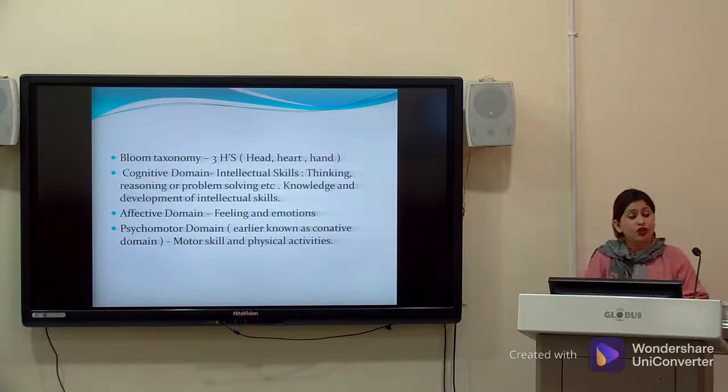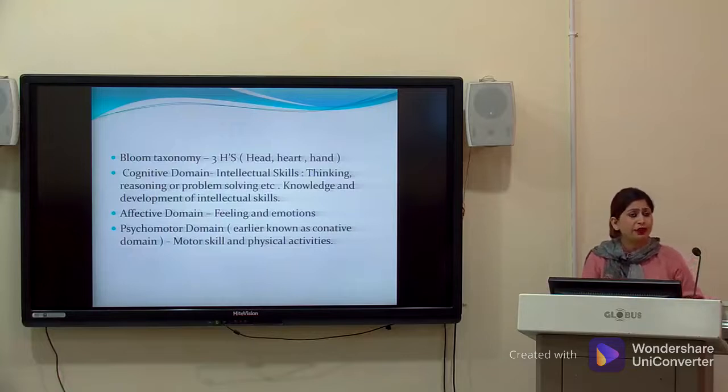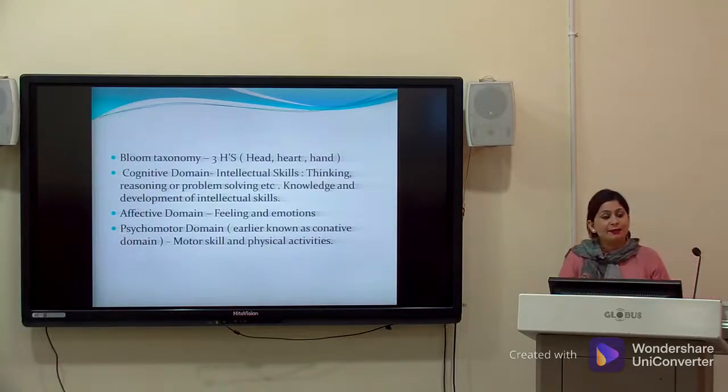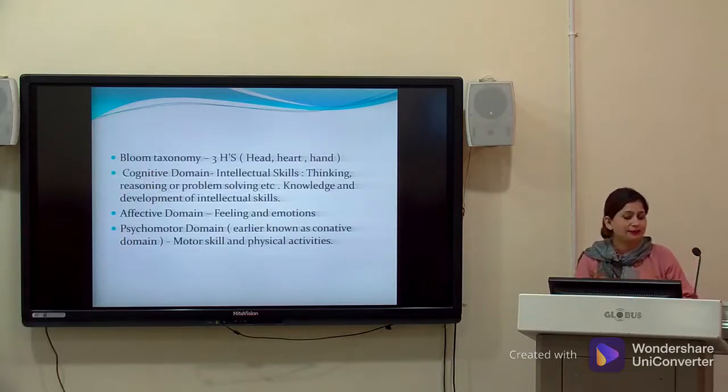In addition to emotion, some kind of physical activities are involved. So Bloom classified those objectives into three categories: the cognitive, the affective and the psychomotor. And Bloom believed that learning takes place when three domains work together: the head, the heart and the hand.